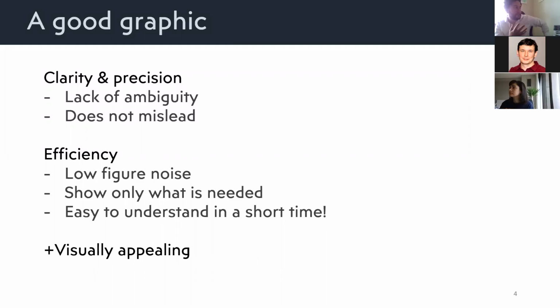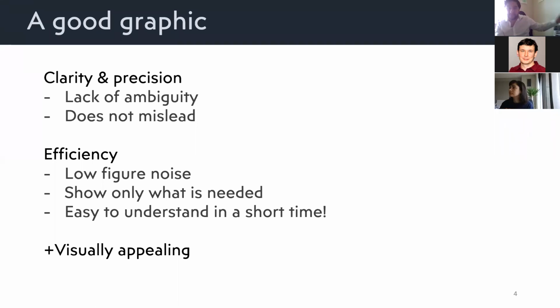Show only what is needed, and I think it's very important that the figure is easy to understand in a short time. So think of when you are reviewing a paper, when you're reading a paper, the more time you keep looking at the figure without understanding it, the worse your mood is, and the worse the reviewer comments are too.